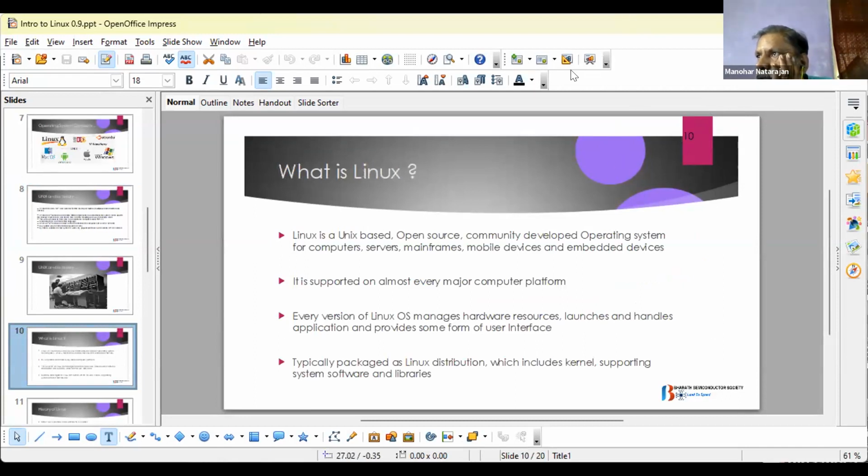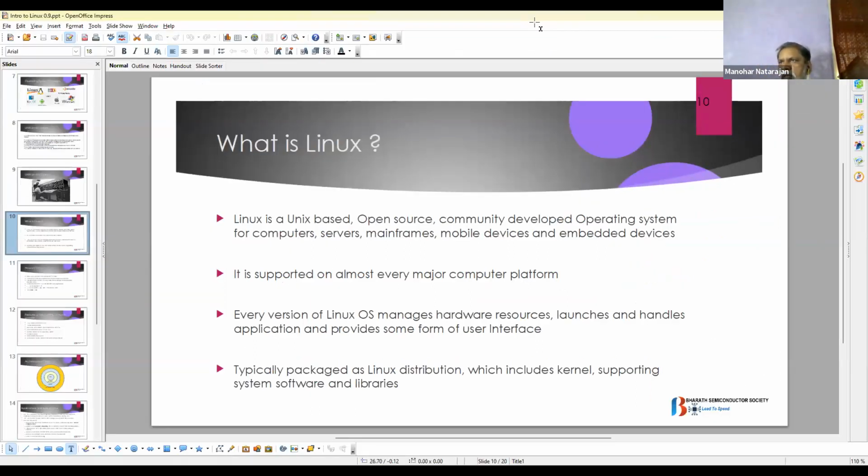So what is Linux? As the name indicates, it's basically Unix based. We'll see how the name originated and how it came to be known as Linux. Linux is an open source community developed operating system. It's open source because anybody can see the code.